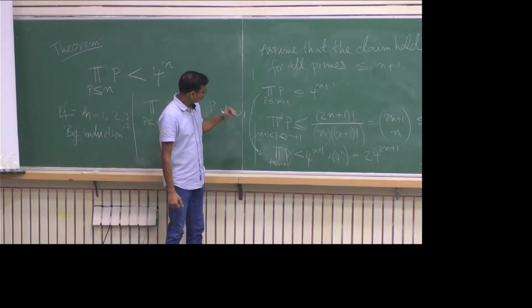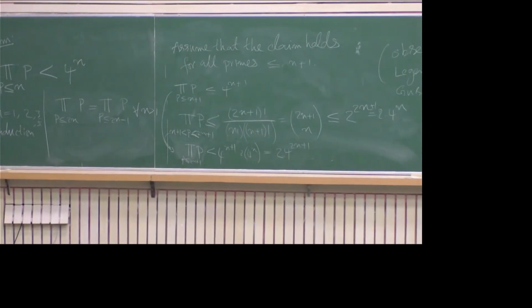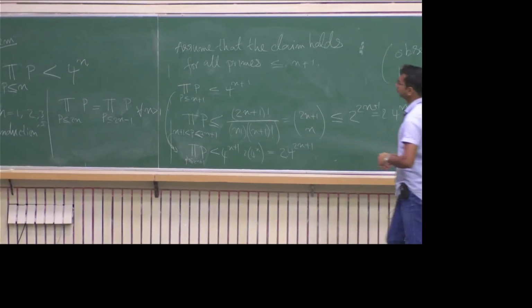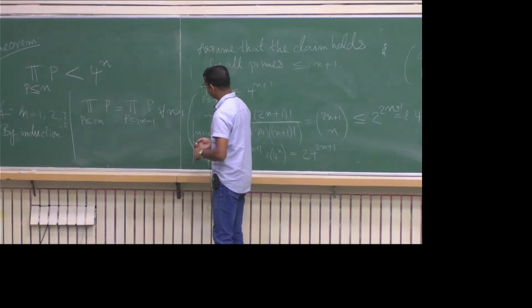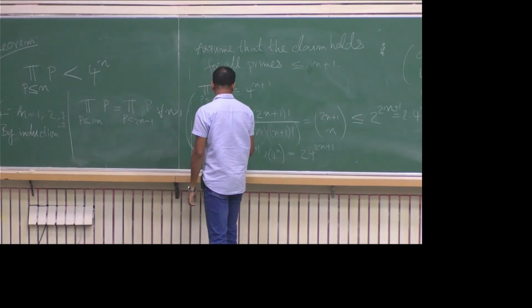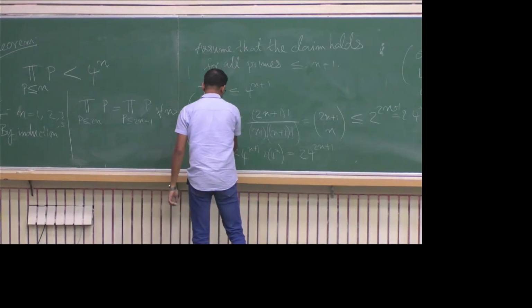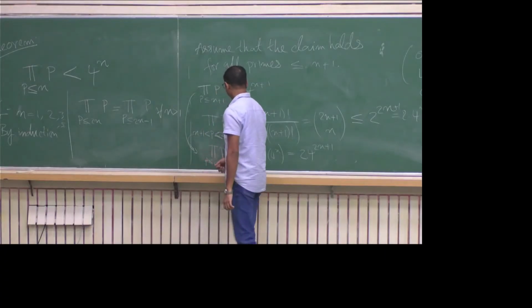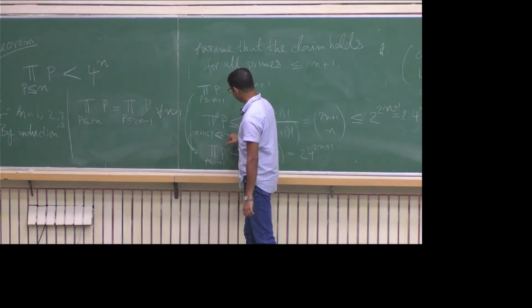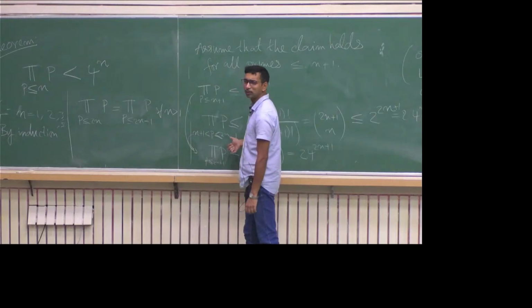So then from n plus 1, if we are going up to n square minus 1, what I want to say is that it's not very nice to work with the minus 1 here.